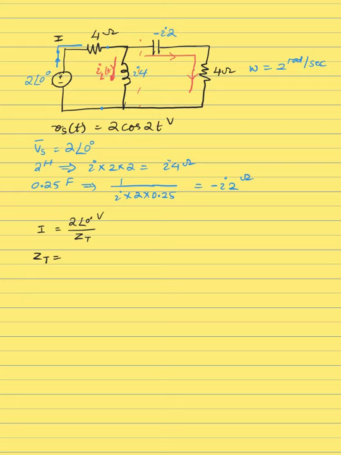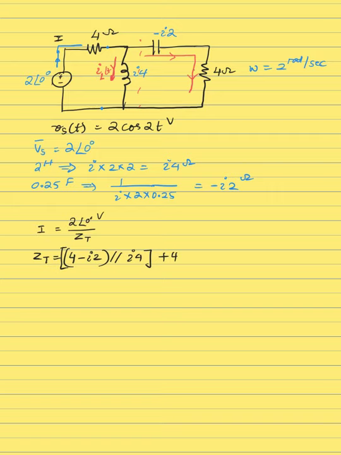Since 4 ohms and the capacitor are in series, it's going to be summed up, so 4 minus j2 together. This is going to be in parallel to j4, and that has to be summed up with 4 as well. So whatever the value is, we're going to do a bit of simplification, and at some level I'll say, okay, this is the total value.